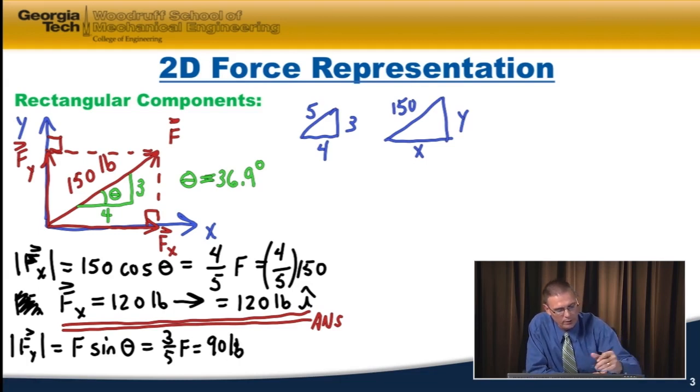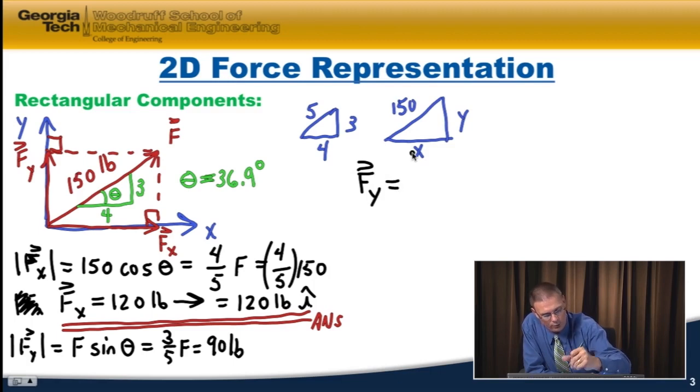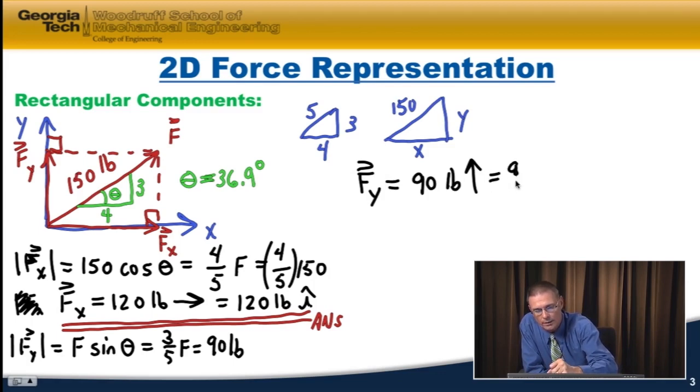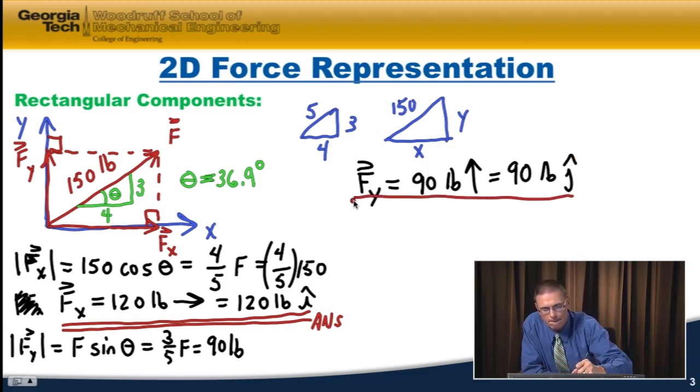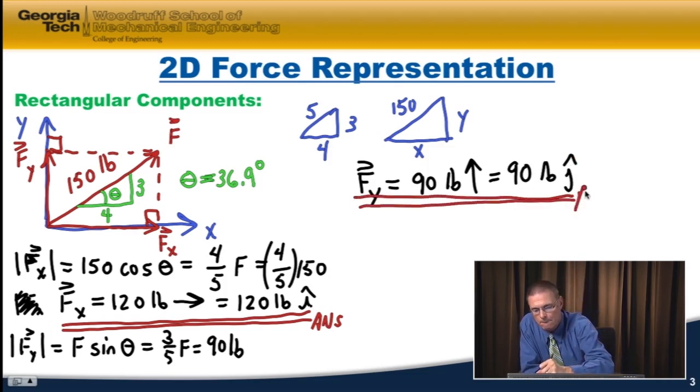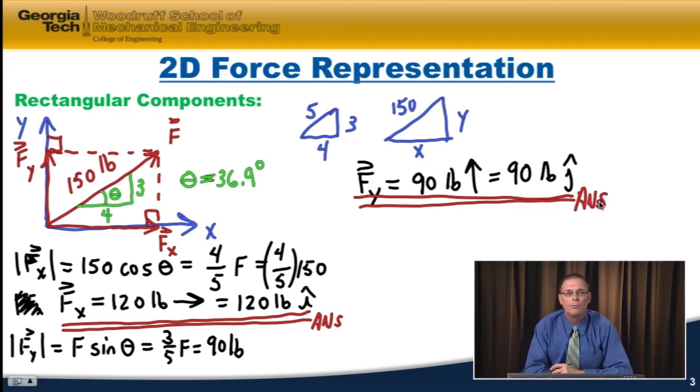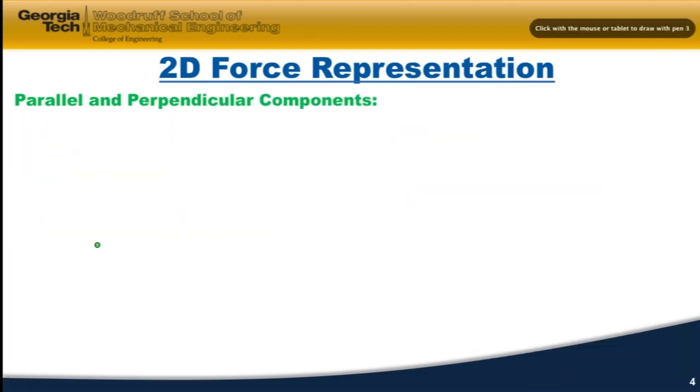And so if I wanted to write the final answer for F sub y, it would be a magnitude of 90 pounds, and it would be up, or I could write 90 pounds in the J direction. That's how we find rectangular components in the Cartesian coordinate system.